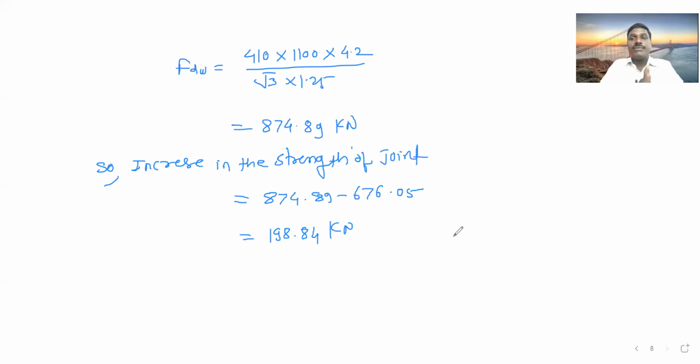Okay, so in this way we can calculate the load carrying capacity of a welded joint by using the type of fillet weld or butt weld or groove weld. So we have seen 3 examples, 2 examples on the butt weld and 1 example on the fillet weld. Did everyone understand this? How to calculate load carrying capacity of joint?